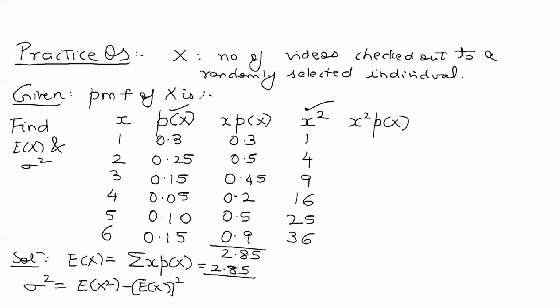So let's quickly start. 0.3 into 1 is 0.3, 0.25 into 4 is 1, 0.15 into 9 is 1.35, 0.05 into 16 is 0.8. Okay, this will be 2.5. And this will be 0.15 into 36, which will be 5.4. So let's quickly add up and check what it comes out.